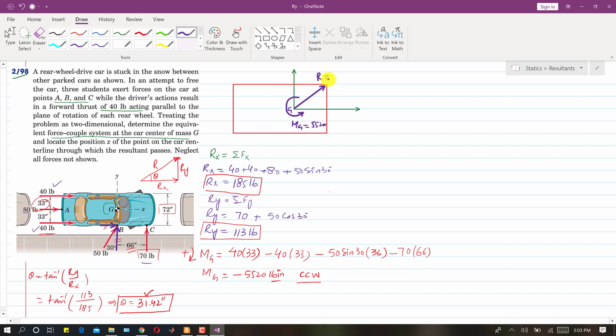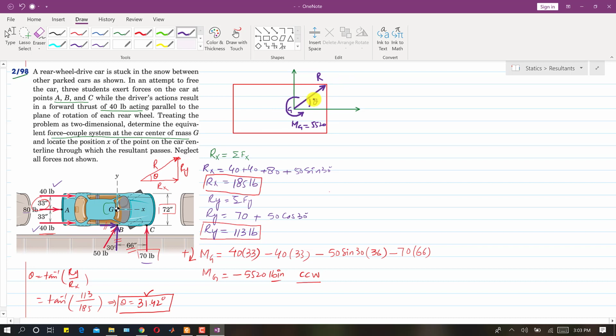This is the resultant, and its magnitude is not known, so no need to find the magnitude for this problem. This is the theta that we have already found. This is the representation of those forces as a force couple system.